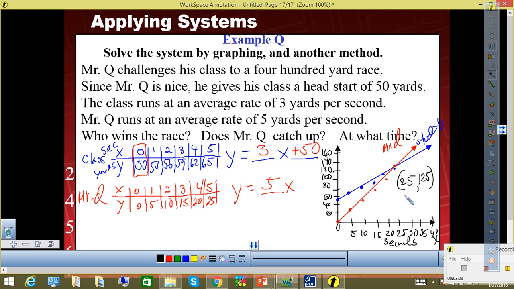So before we move on, look at that point. Tell your neighbor what each of those values represent at that point and what's happening at that point. What do each of those values represent and what is happening at that point?